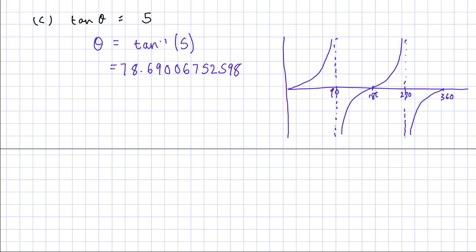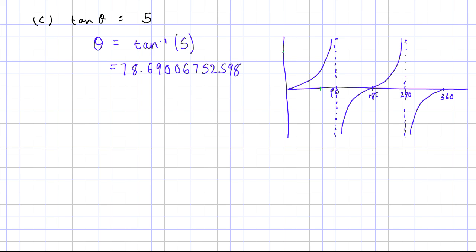So we have 78.69 and so on, and this I know is somewhere around here, and the 5. Now notice that for the tan graph we don't go from 1 to -1. It actually goes all the way up to infinity, because this is an asymptote, and this will go really high, and it will never touch this line. So 5 can be marked here.